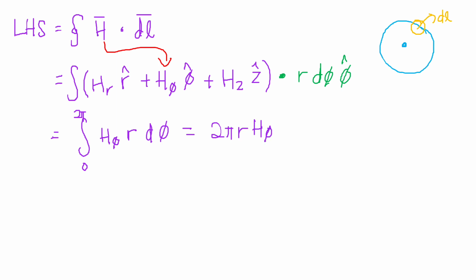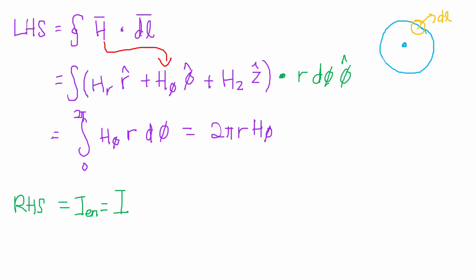Okay, now we settle with the left hand side equation. Let's take a look at our right hand side equation, where this one is equal to I enclosed, and refer to this particular diagram where inside the loop we only have I. Thus, this one is equal to I.